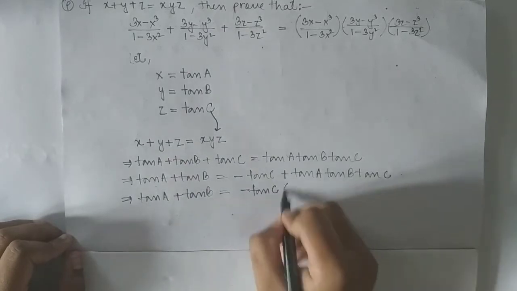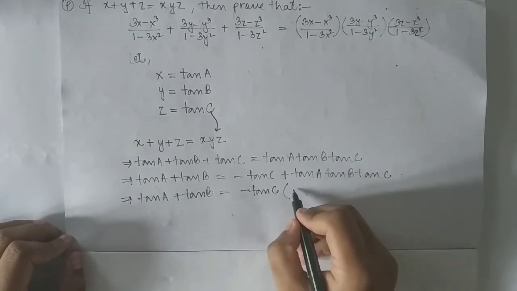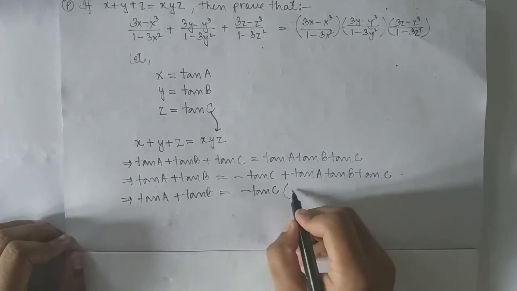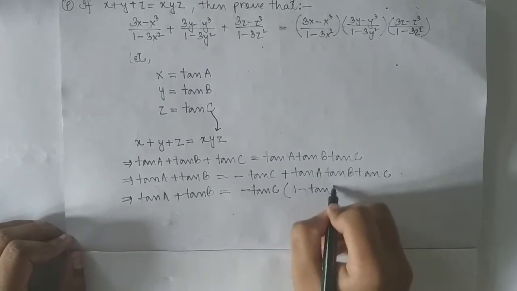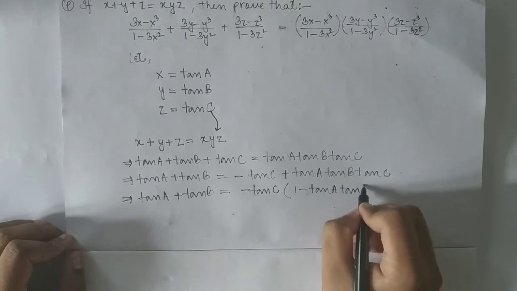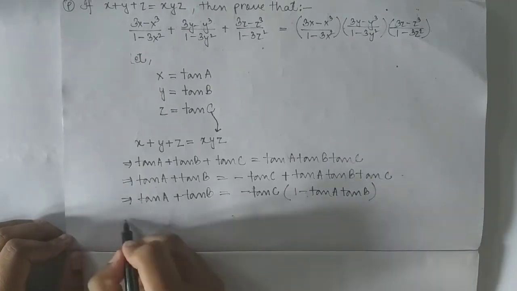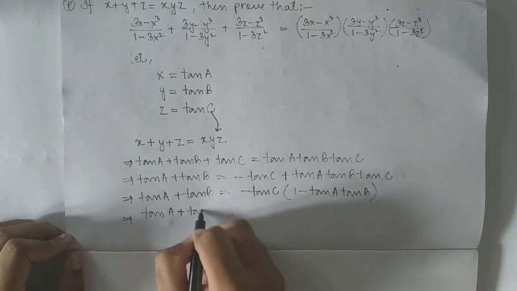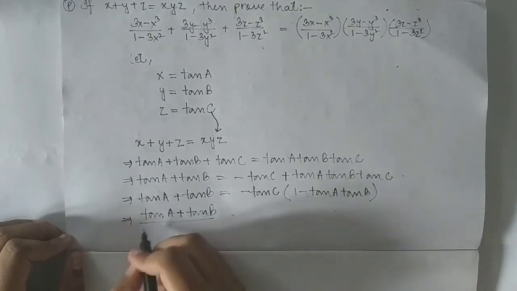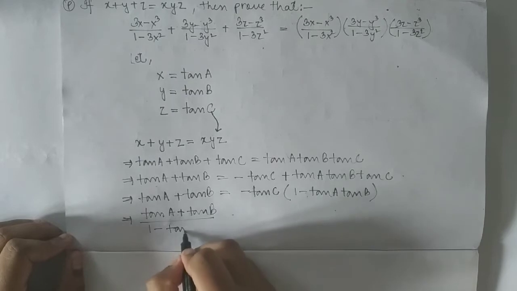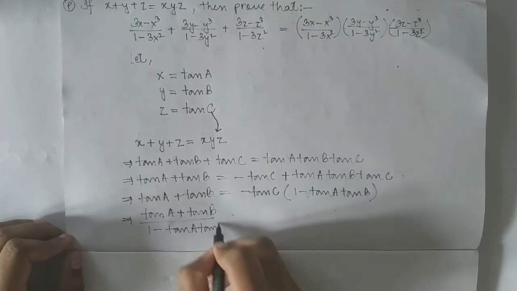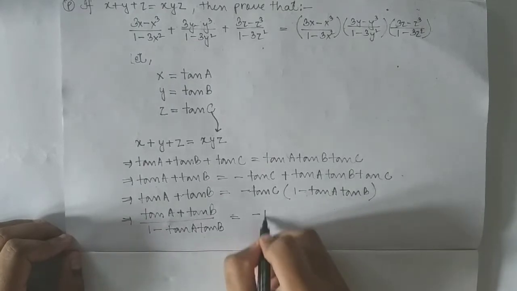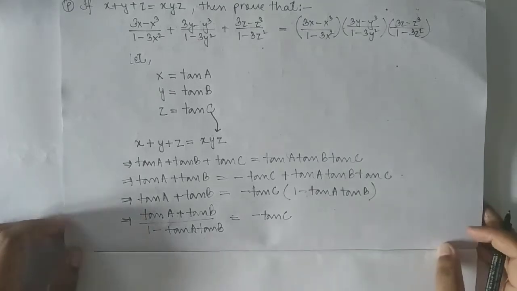So then the equation will become, on the right hand side, minus of tan C into (1 minus tan A, tan B). Now let me rearrange this equation. So the equation will become (tan A plus tan B) divided by (1 minus tan A, tan B) is equal to minus of tan C.